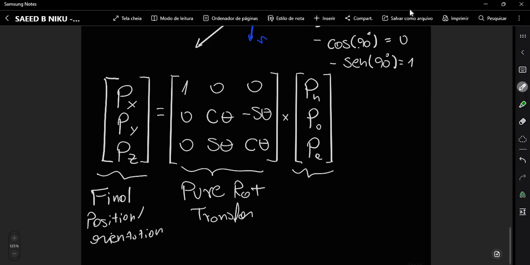and the referential system, ref system, and realize we are able to track this point when it's linked on this ref system. Because of this, we know the initial and final position. Very simple.